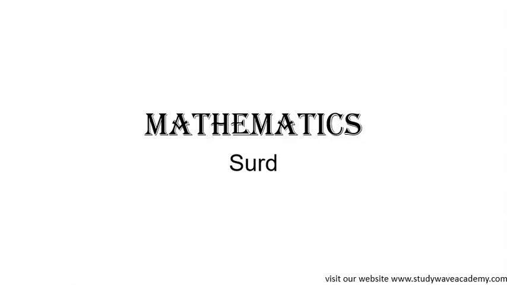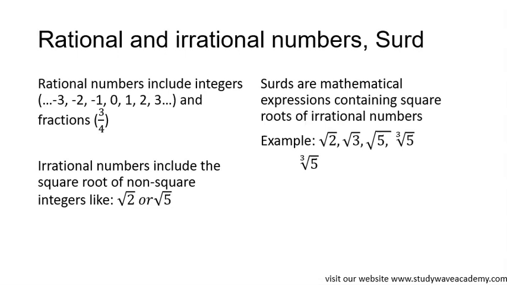So before we look at the meaning of surds, we're going to be looking at rational and irrational numbers first. Rational numbers include integers and fractions. Integers are whole numbers and their negative counterparts. Whole numbers: 1, 2, 3, 4, 5, continuously.